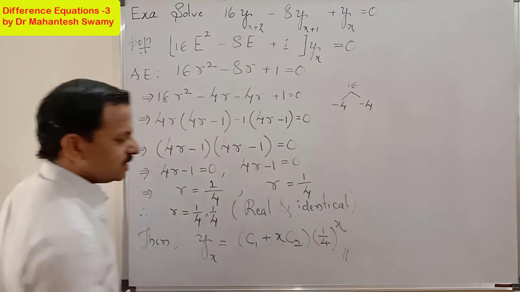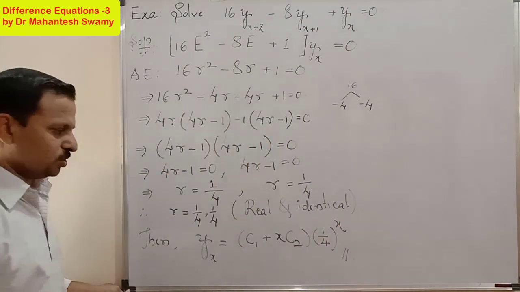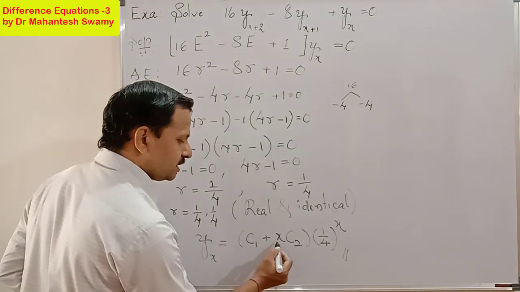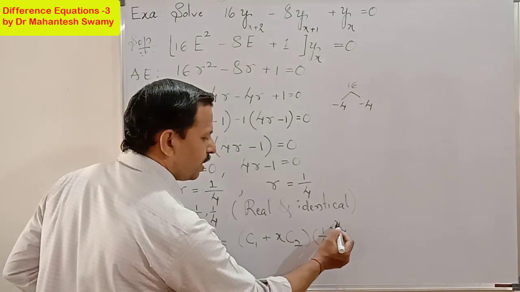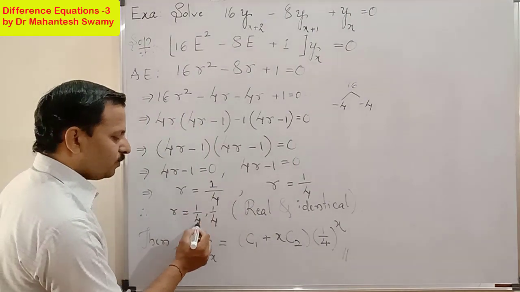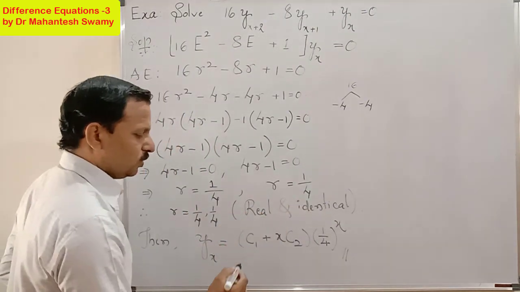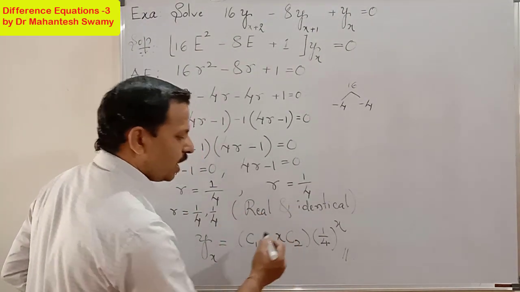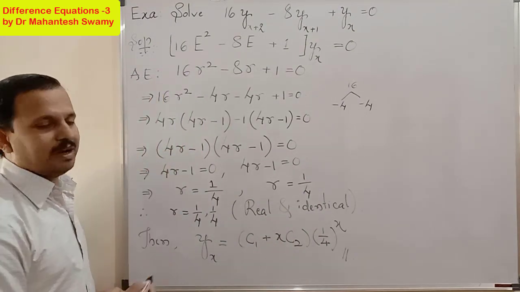So this is how we can write the general solution: (c1 plus x c2) r to the power x. So the values of r are 1 by 4, 1 by 4, real and identical roots. Therefore, this is the required general solution of the given difference equation.